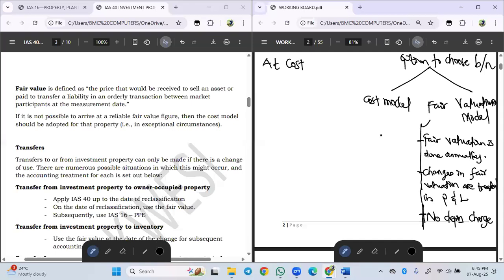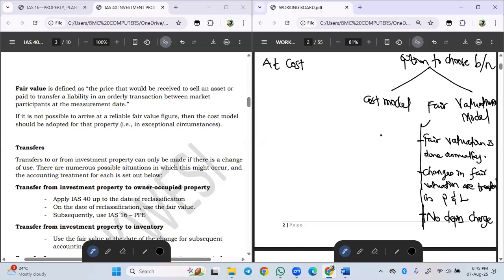We can also talk about depreciation. Under IAS 16, PPE, we charge depreciation. But under the IAS 40 fair valuation model, we don't charge depreciation. Let's talk about the changes. Changes under IAS 16 PPE revaluation are treated under OCI.